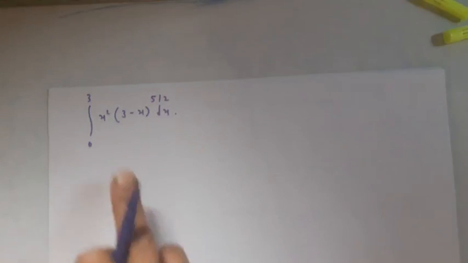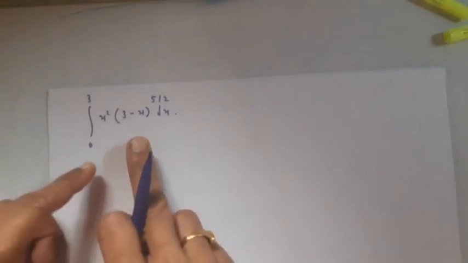Students, remember that in exercise 4.2 there are 3 questions. In the third question there are 15 problems, and all 15 problems we have to solve by using the properties of integration. So here also we will solve by using the property of integration.